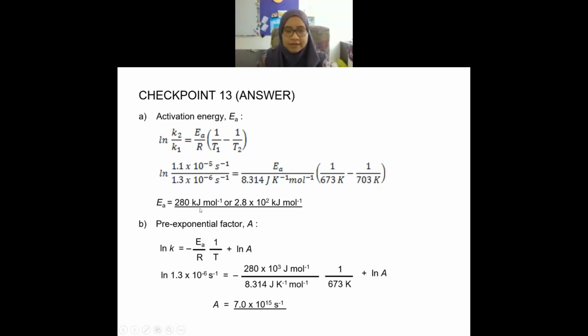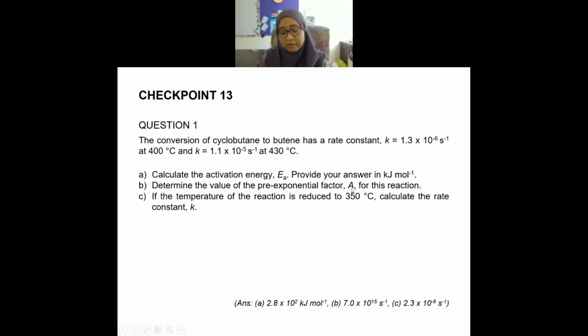Okay, so how about the pre-exponential factor, guys? The thing about the pre-exponential factor, we cannot use the ln K1 over K2 equal to Ea over R times 1 over T2 minus 1 over T1. Tak boleh guna that one because we don't have A, the pre-exponential factor, in the formula.